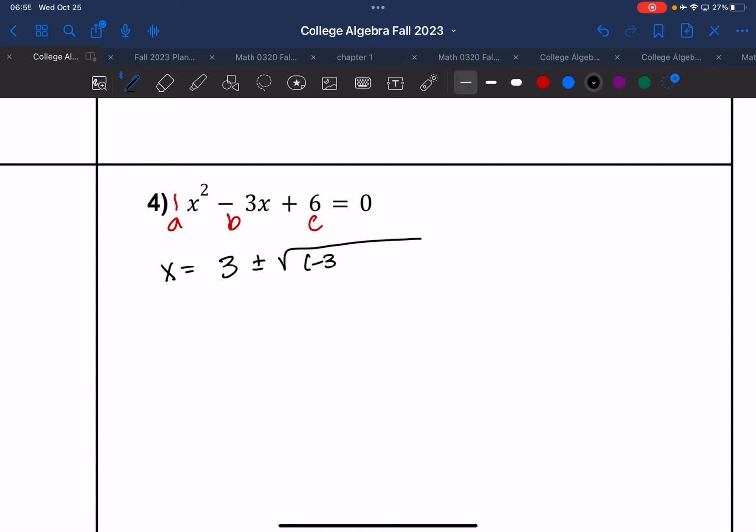So negative 3 squared minus 4 times a, which is 1, and c, all divided by 2 times a, which is 2 times 1, so we get 2.